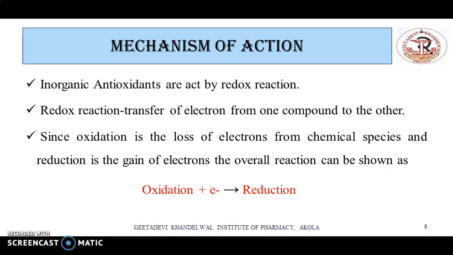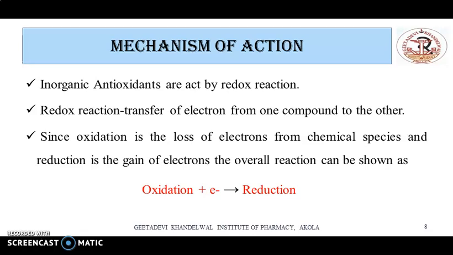A strong antioxidant will protect the material when used in a small amount and for a longer period. The inorganic type of antioxidant basically acts as a reducing agent. They are used in pharmaceutical preparations containing easily oxidizable substances to protect them in their original form.